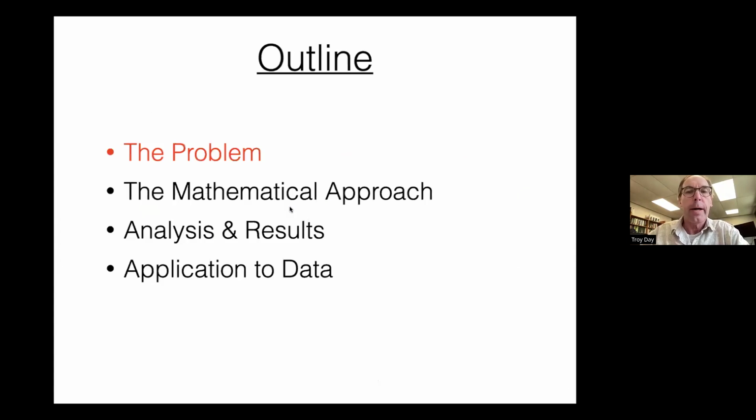Here's the outline of what I want to cover. Pretty simple. I'm going to tell you about what the problem is. I'll tell you about the approach we took to analyze it mathematically, some of the mathematical results. And in the end, what I want to do is show you an application to the data.